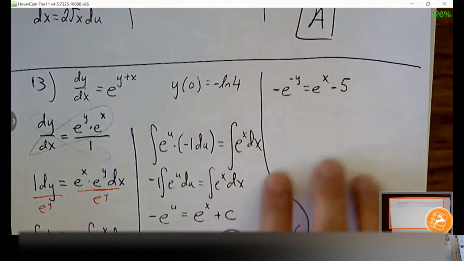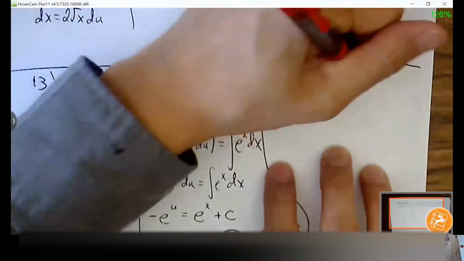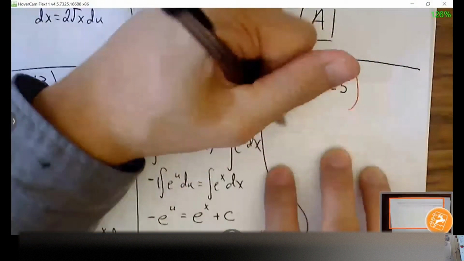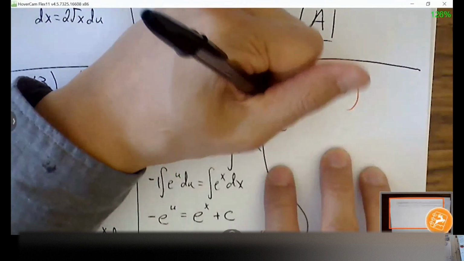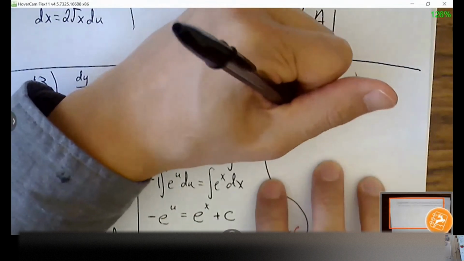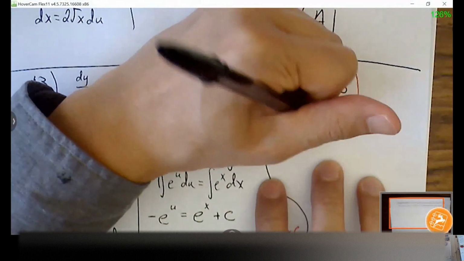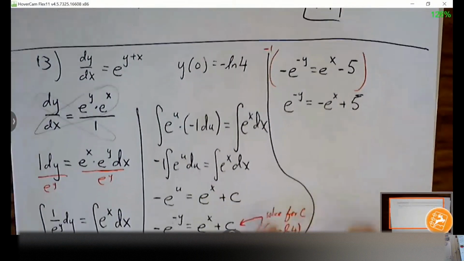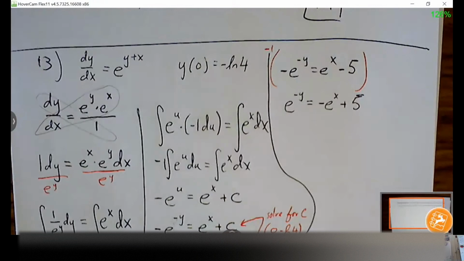I'm going to get that negative over to the right side, multiply everything through by negative 1. All right, what do you think we can do to get that y to come down? Natural log, yeah.